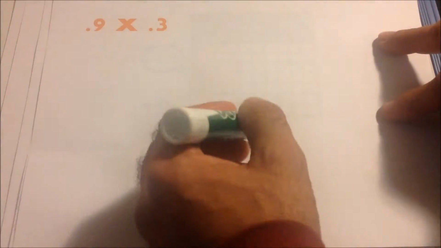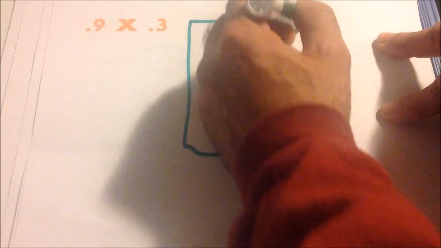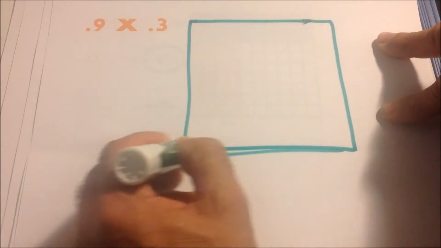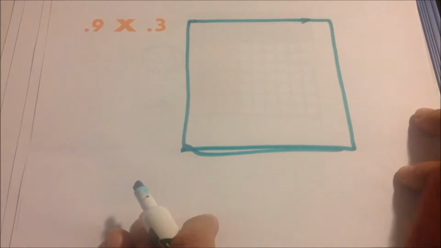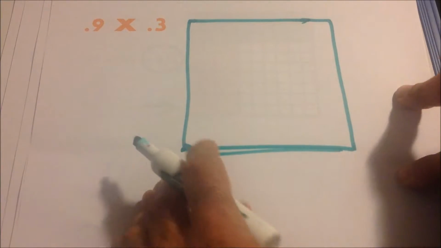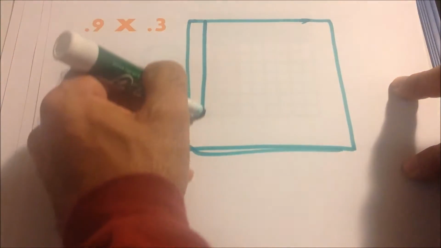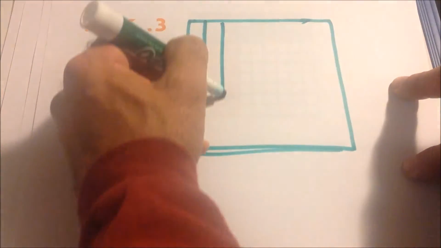So how would we do this one then? 0.9 times 0.3. Let's model it. Again, first we start off with a giant square. It doesn't have to be perfect. And since I told you last video, we should use different colors. We want to make initially 10 boxes, and it doesn't matter if you go up and down or left to right first.